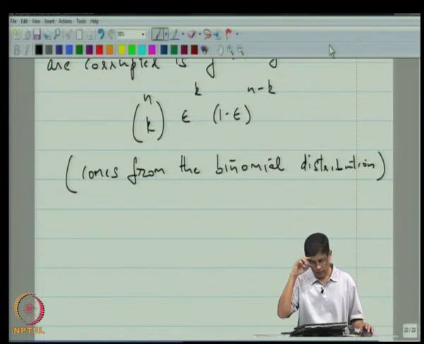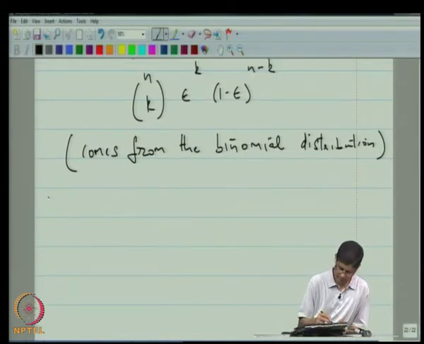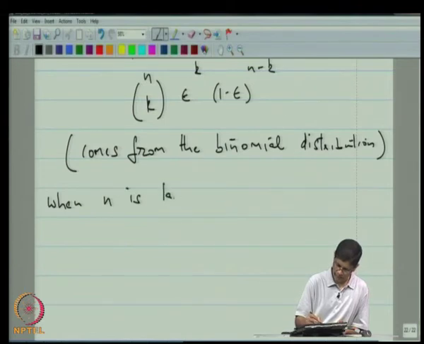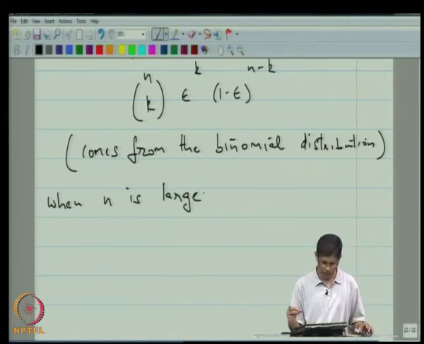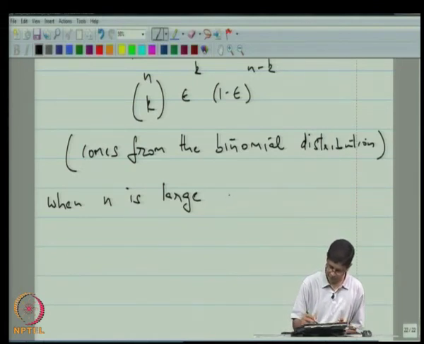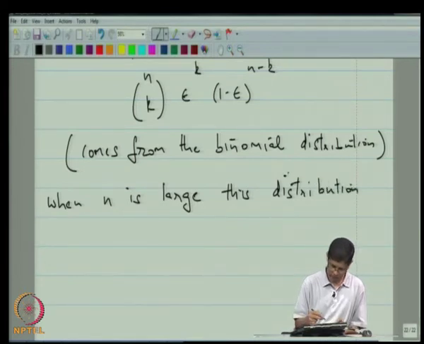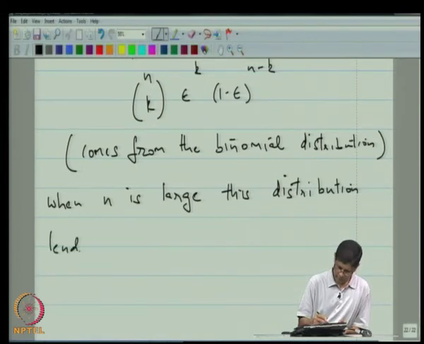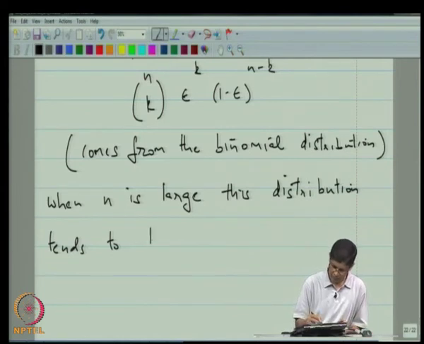It is well known that when n is large, this distribution tends towards the Gaussian distribution. It tends to become Gaussian.